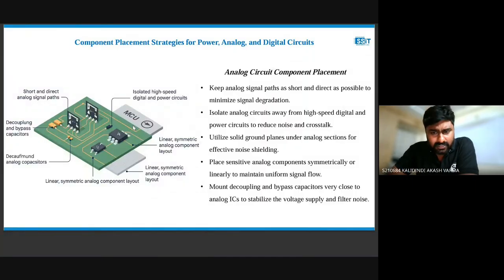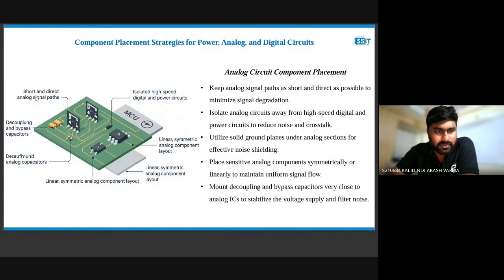And one more thing, we should use a solid ground plane under analog sections, because these ground planes will reduce the noise. Digital signals require it too, but are not that dependent on solid ground planes. But for analog, we should maintain solid ground planes. So this is about analog circuitry.